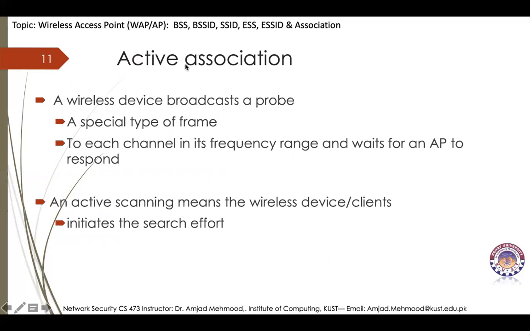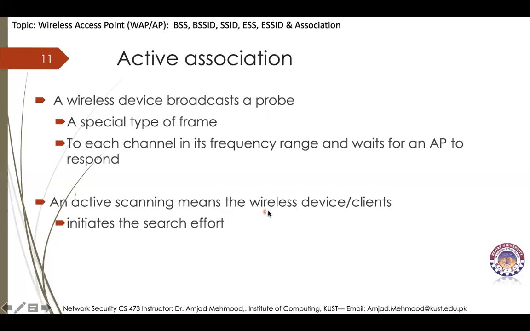The first one is active scanning. The wireless device broadcasts a probe, a special type of frame, to each channel in its frequency range and waits for an AP to respond. So in active, as the name indicates, a wireless device broadcasts a probe, a special type of frame, to each channel in its frequency range and waits for an AP to respond.